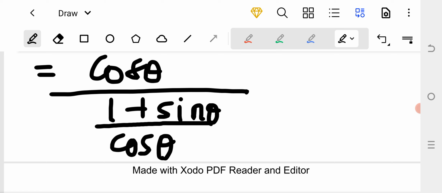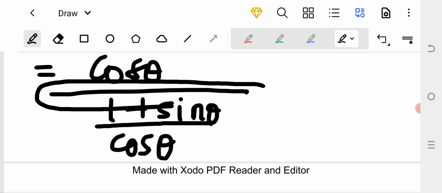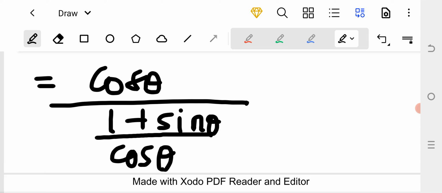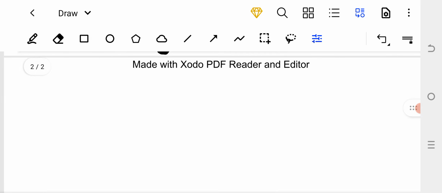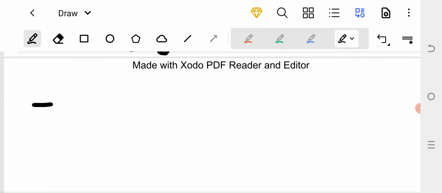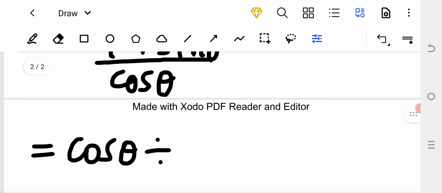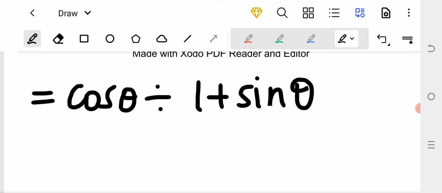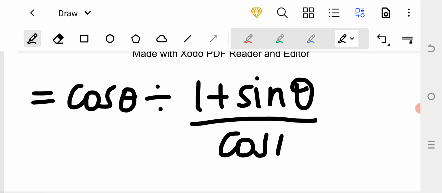Now, instead of writing this long division sign, we are going to write this instead, meaning division. So I'm going to say this is equal to cos theta divided by what was down there, which was 1 plus sin theta, all divided by cos theta.